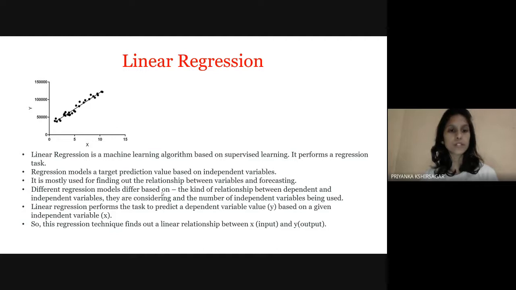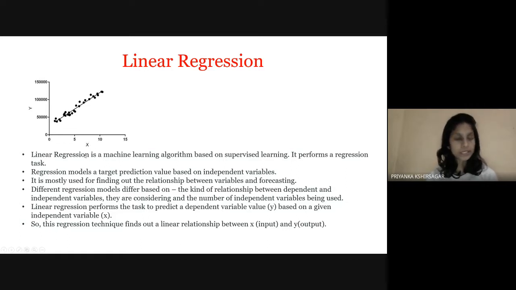Different regression models differ based on the kind of relationship between dependent and independent variables, and the number of independent variables being used. Linear regression basically performs the task of predicting a dependent variable y based on a given independent variable x.